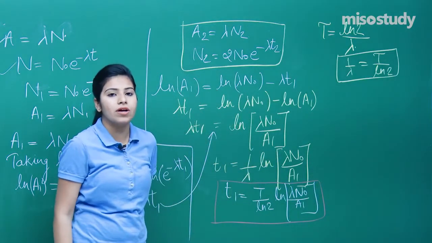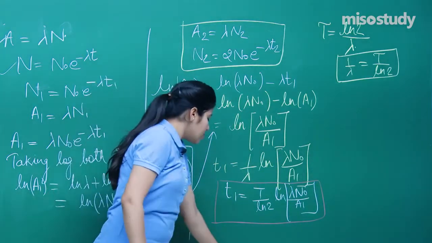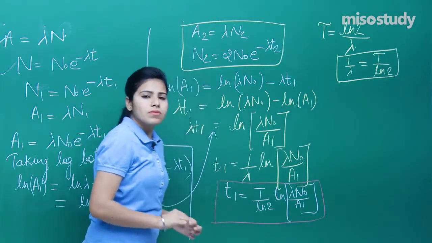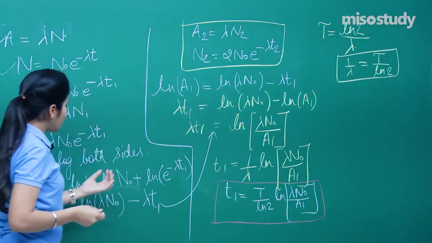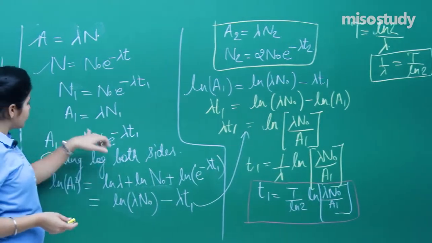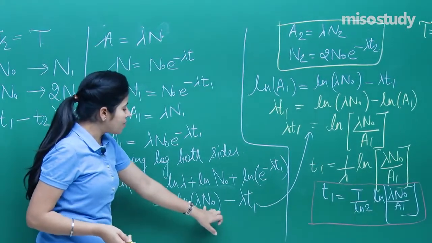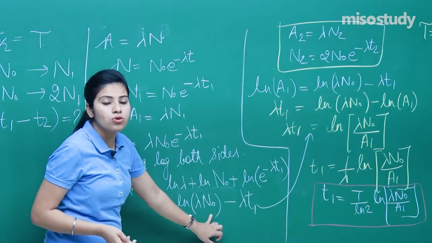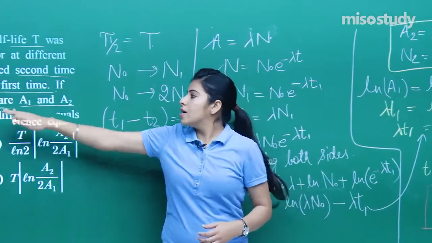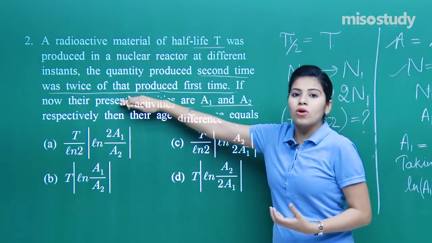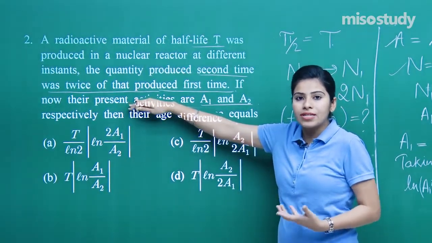This is your T1. Now similarly, the value of T2 will be the same, but the difference will be what you are going to use here. In the place of λN0, you are going to use 2N0, because in the question it has been given that the second time, it was twice of that produced in the first case.